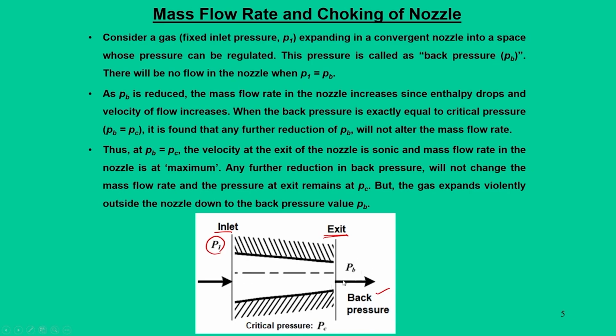If you keep on reducing this PB, we will arrive at a particular condition, when PB is equal to PC, that is, the velocity at the exit of the nozzle will be sonic. So at that point, if you keep on reducing PB to a value of PC, the exit flow velocity will be sonic.